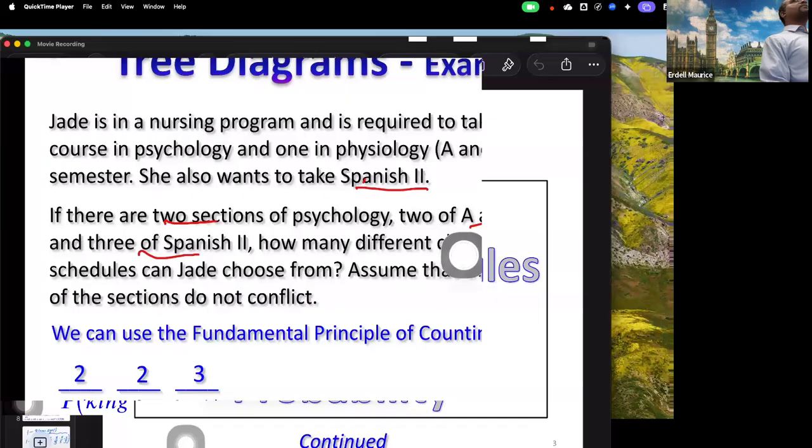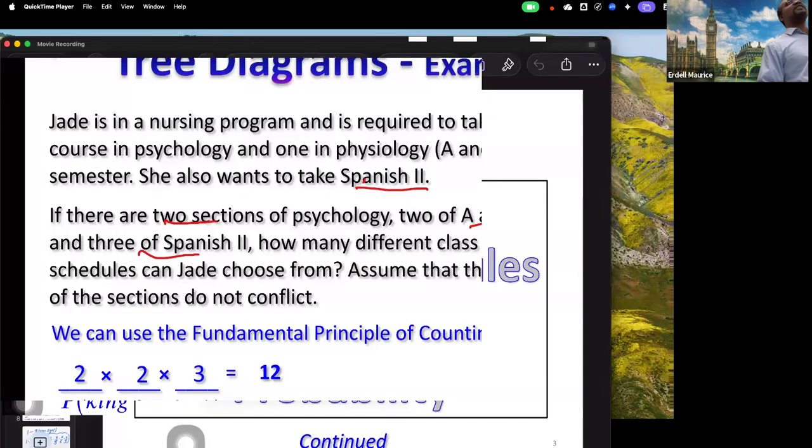Do we add all the numbers up? We multiply all the numbers together, yes? So 2 times 2 is 4, 4 times 3 is 12, and so she will have 12 class schedules to choose from. Questions there? The next time you're going up to select your classes, it's going to go through your head: how many different options do I have here?